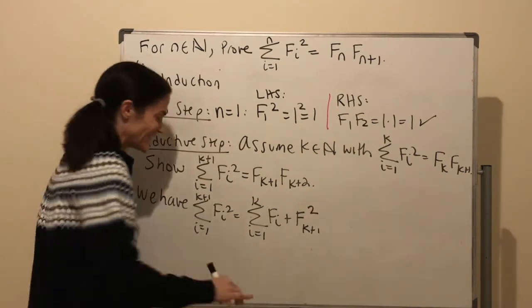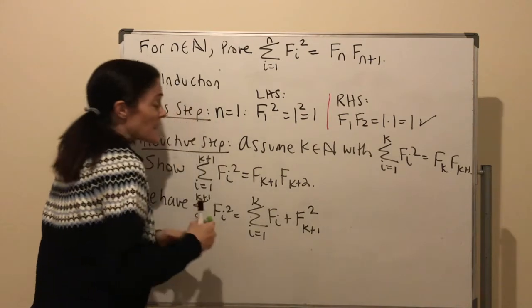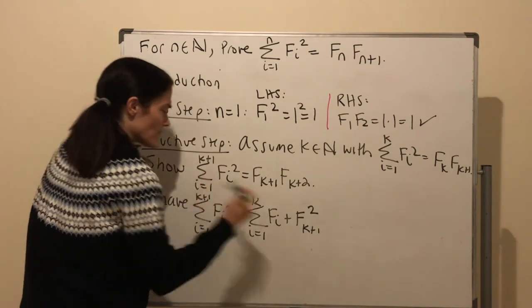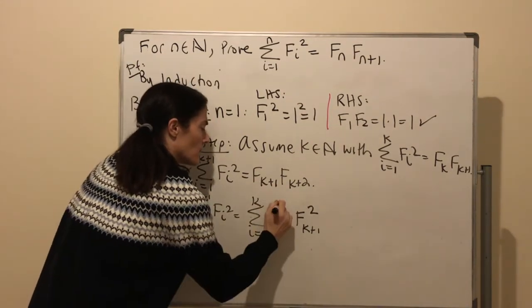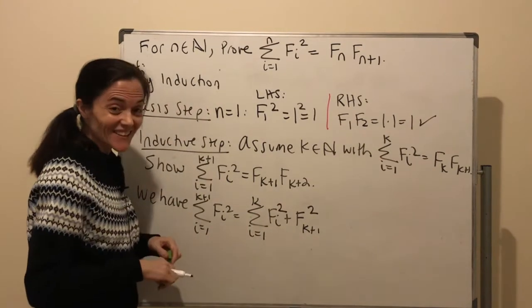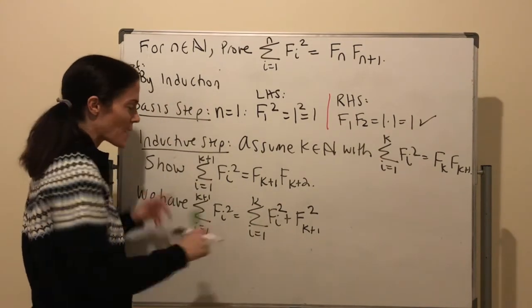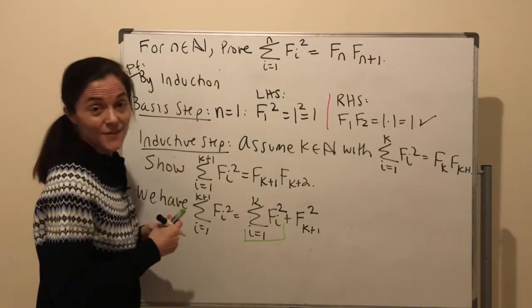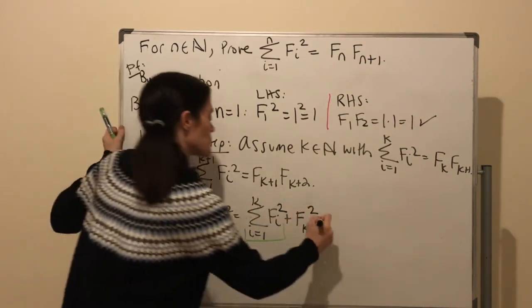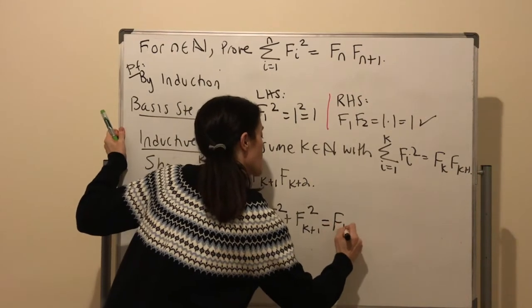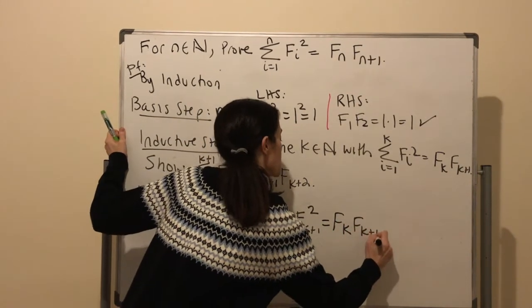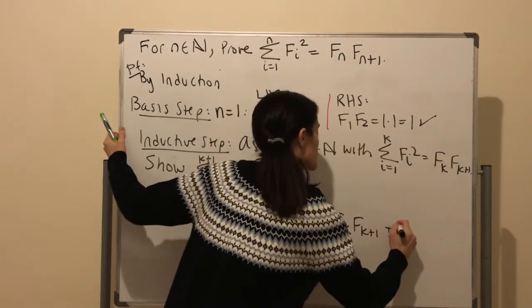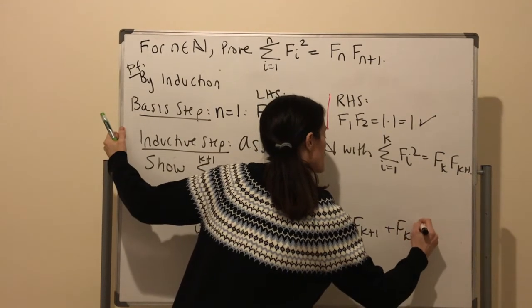And then we have our inductive hypothesis, which, oh, I forgot my squared. Okay, now it is correct. And now I can use my inductive hypothesis, which says that this is f_k times f_{k+1}. So this is f_k times f_{k+1}, and then we have plus f_{k+1} squared.